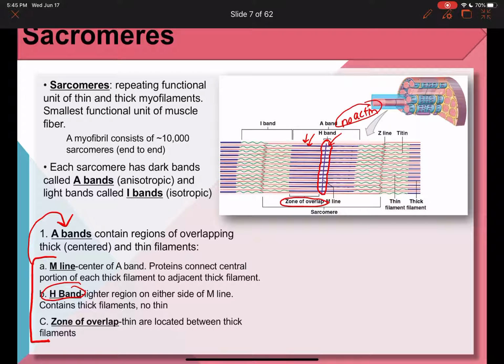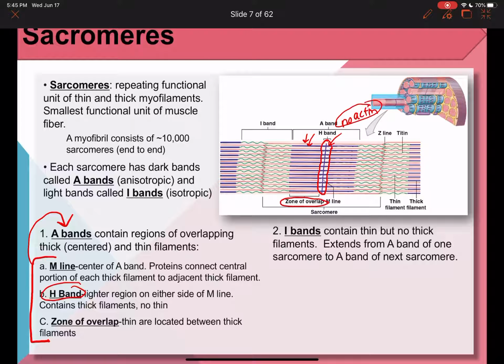All right, and then I bands. So this whole thing is the I band. And the I band has only thin filament, no thick filament. It extends from the A band of one, because this is the A band of the previous sarcomere, so it extends from the end of that A band to the beginning of the next A band on the next sarcomere.